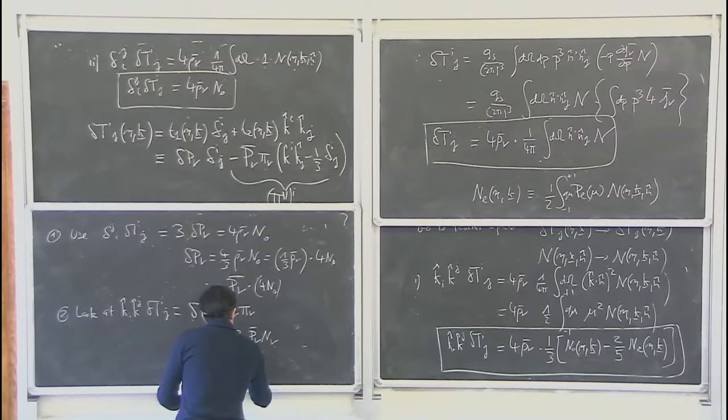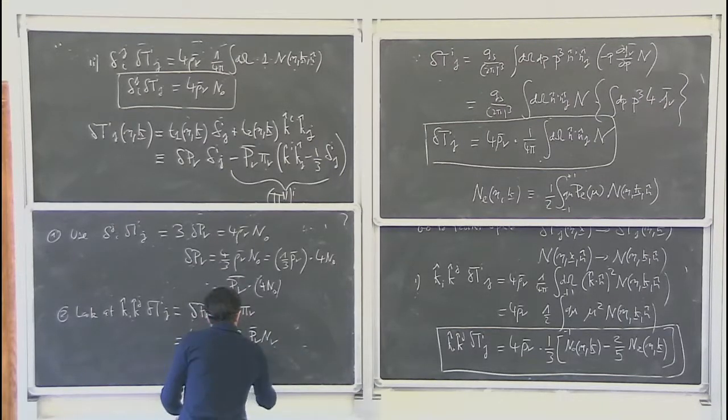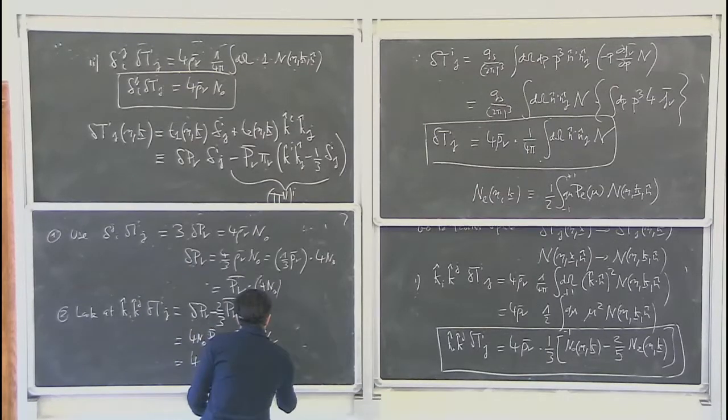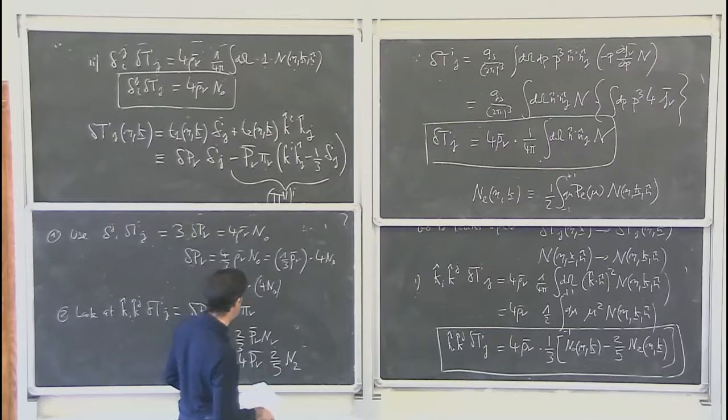So there is a 4, then there is a 1/3 again of the energy density, so it's P bar, and then I have 2/5 of N2, okay?